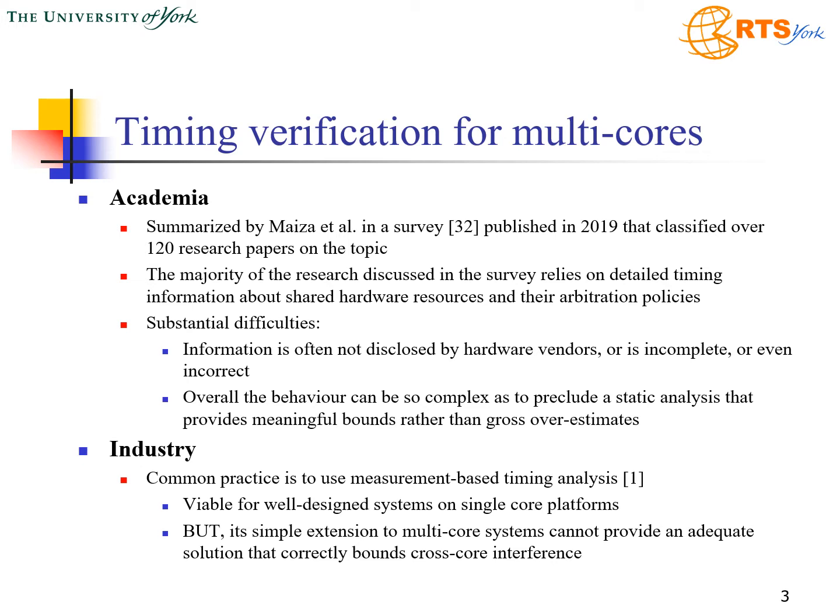And overall, the behaviour can become so complex as to preclude a static analysis that provides meaningful bounds rather than gross overestimates. By contrast, in industry, it's common practice to use measurement-based timing analysis. This is viable for well-designed systems on single-core platforms, but its direct extension to multi-core systems cannot provide an adequate solution that correctly bounds cross-core interference.